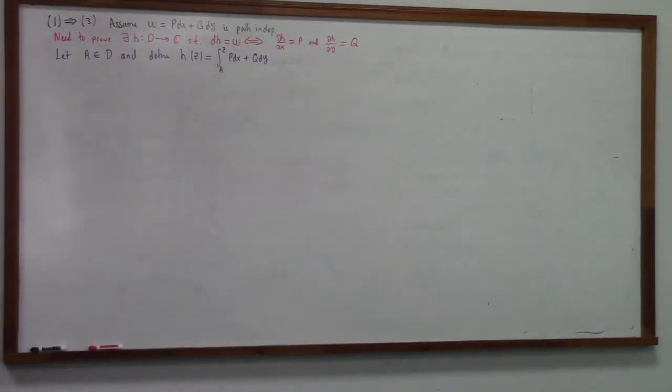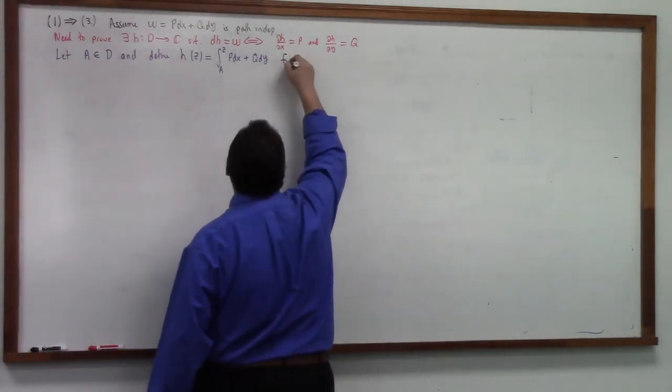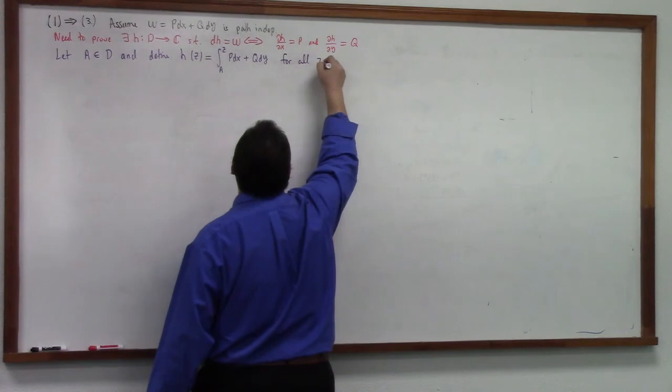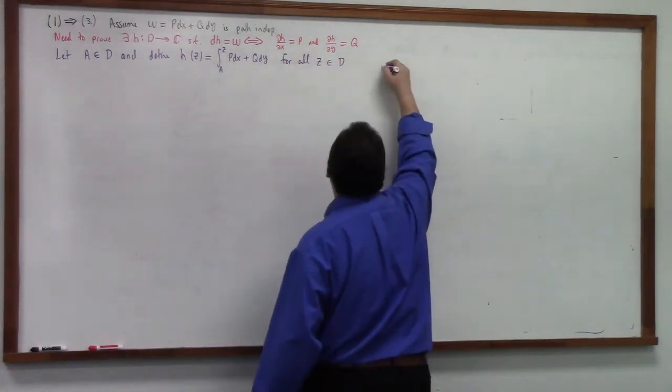And why can I make that definition? I've assumed path independence, and D is a domain, which means D is open and connected. So this works for all z in D. This makes sense because we can draw a picture.